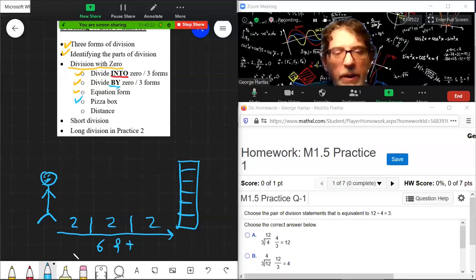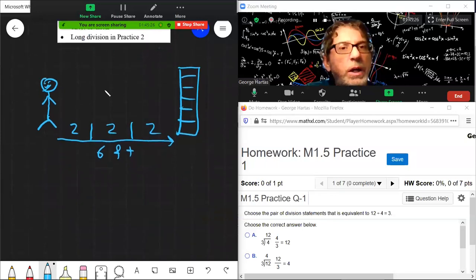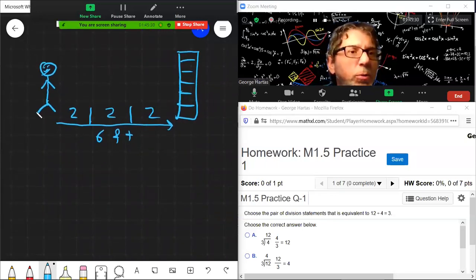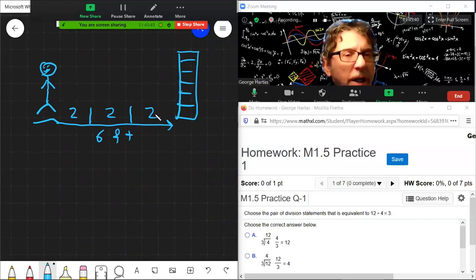So the question is, how many strides would I have to take to move from here, where I'm standing, to the wall? Well, there's one stride, another stride, and another stride. It takes 3 strides to get from here 6 feet to the wall, because each stride is 2 feet.